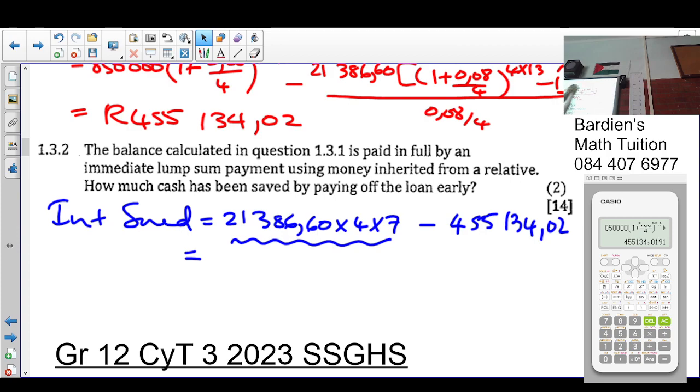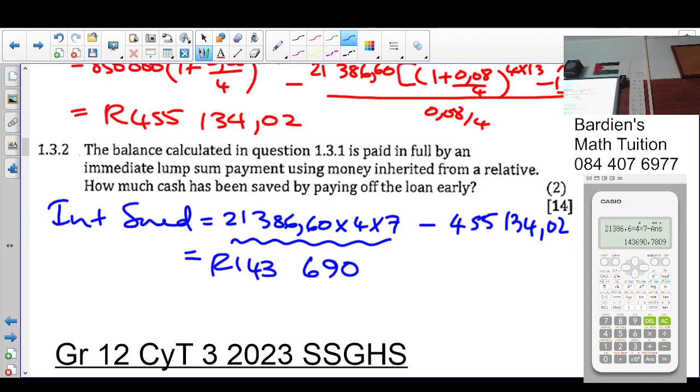So we go 21,386 rand and 60 cents multiplied by 4 multiplied by 7 minus that answer. So she saves in total 143,690 rand and 78 cents. Okay, quite a bit of saving.